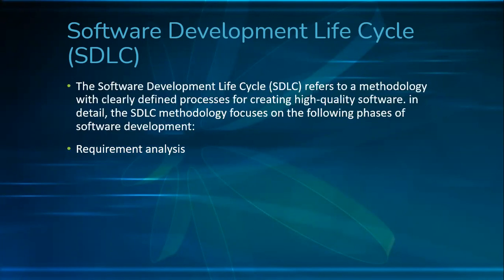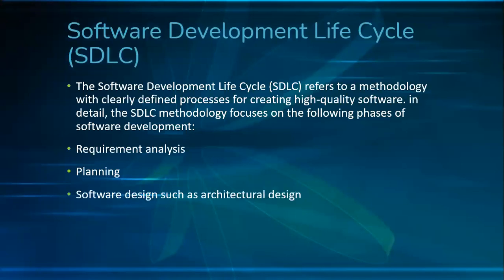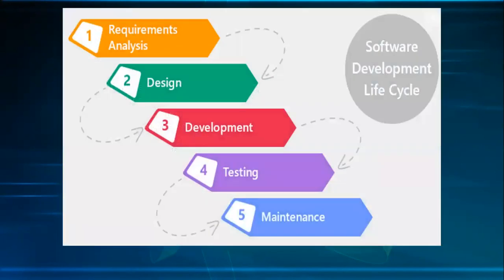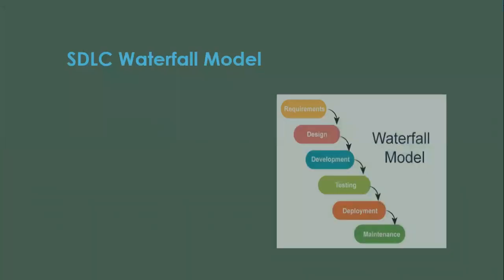These are the phases SDLC goes through: requirement analysis, planning, software design such as architectural design, software development, testing, and deployment. I explained each of them: requirement analysis, design, development, testing, maintenance. If you were not in the class for this, you could just watch the video and get a full explanation. That takes us to waterfall.